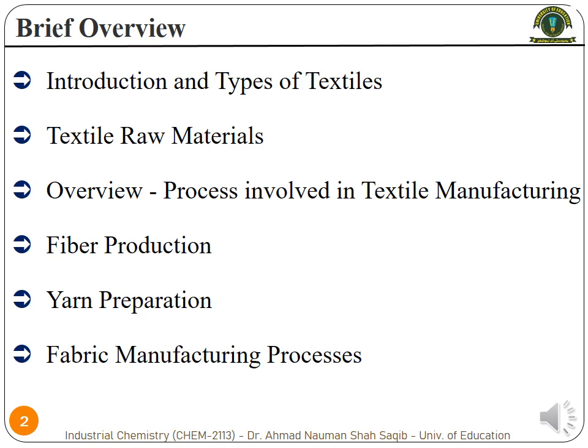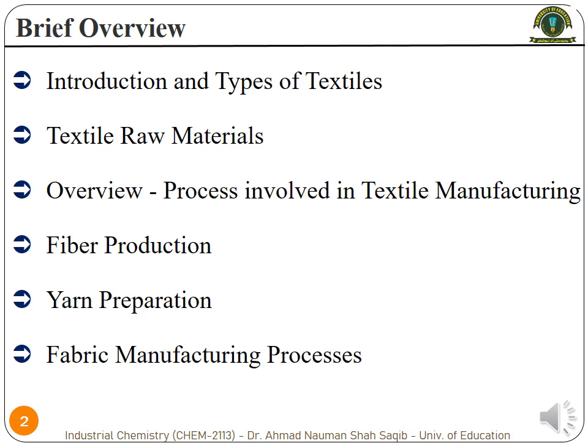In our first lecture of this series about textile industries, we had a brief introduction to what a textile is and what the types of textiles are. We also discussed briefly the textile industries of Pakistan, and then some of the textile raw materials which are used for the manufacturing of textile products.